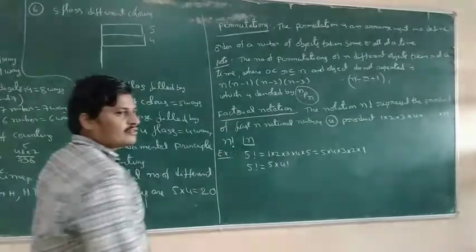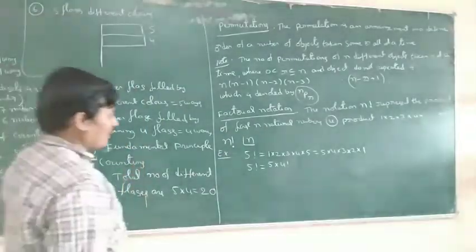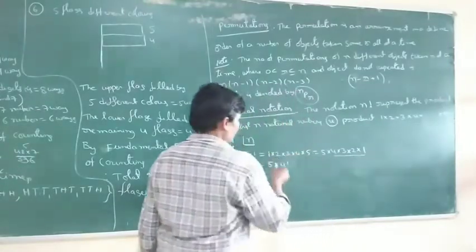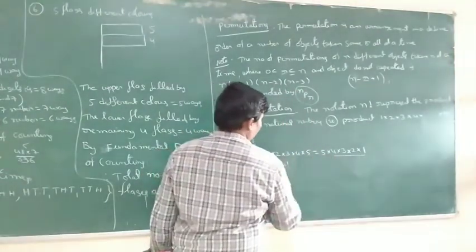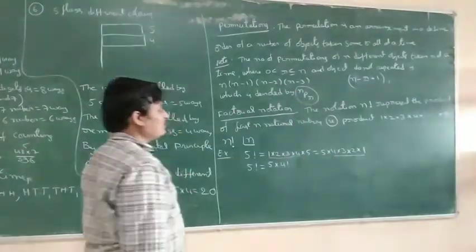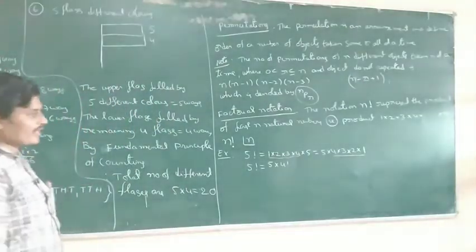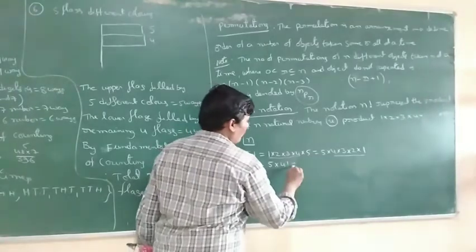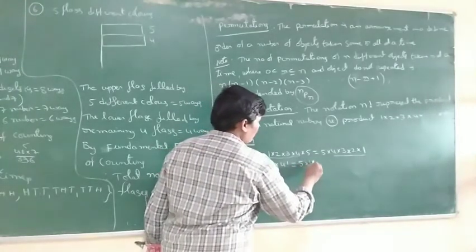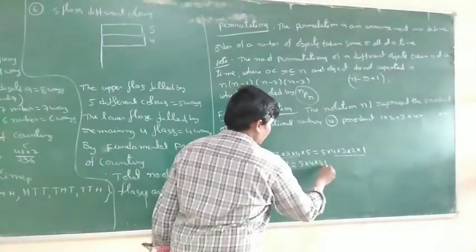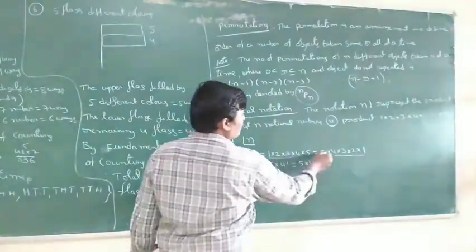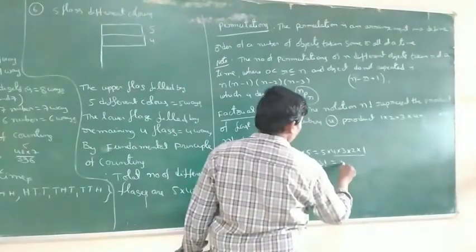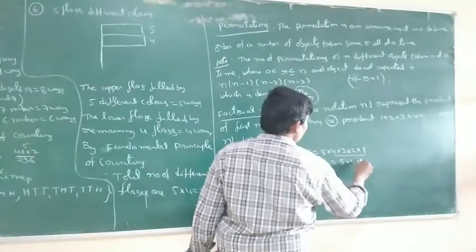That is 1 into 2 into 3 into 4, which is 4 factorial, into 5. So 5 into 4 factorial, or 5 into 4 into 3 factorial. So 5 into 4, and 3 into 2 into 1 is 3 factorial.